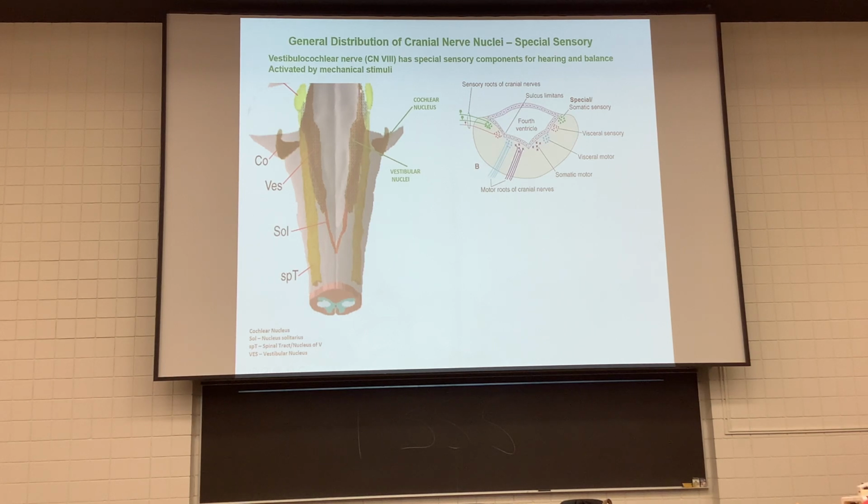Again, a huge, long nucleus, going way up into the pons. This red is our solitary tract, and this olive green is our spinal 5. But in general, what we're seeing is that special sensory and somatic sensory nuclei are all clustered way out here laterally. We're talking about these little green cells on this diagram.